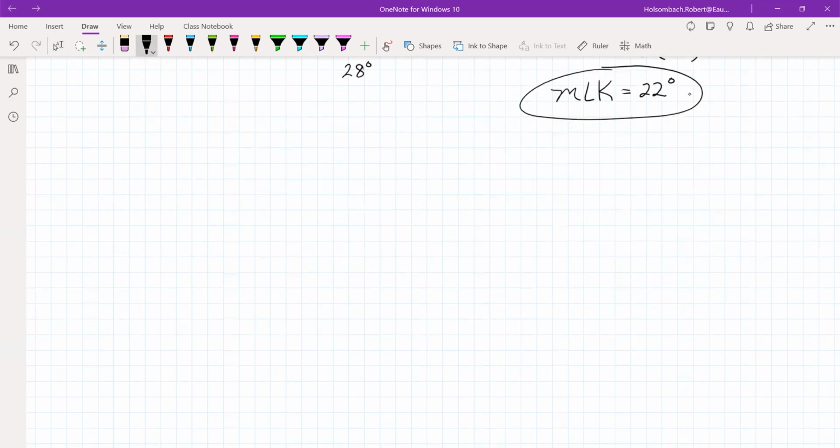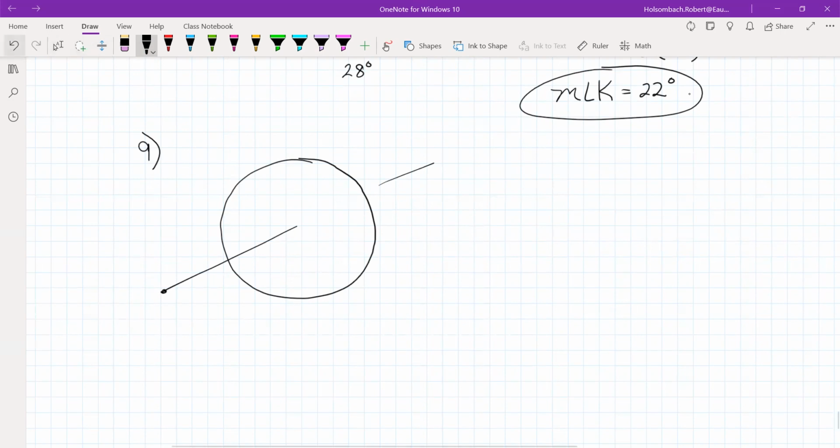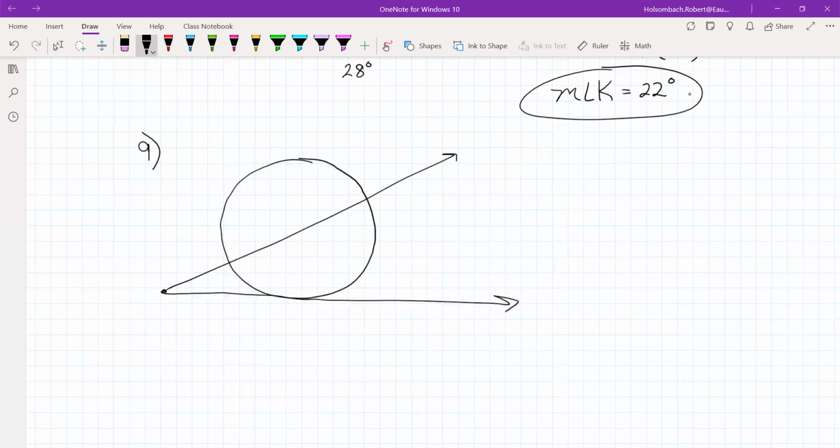Number 9, we've got point U outside of this circle. We've got a secant and a tangent.